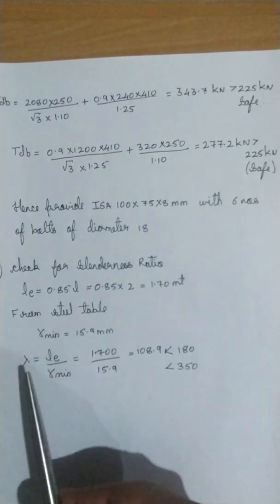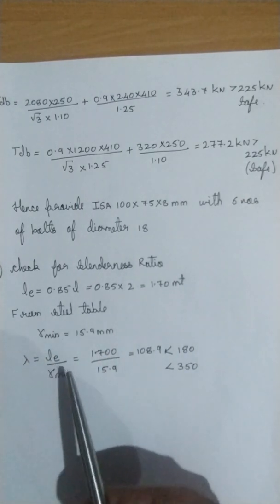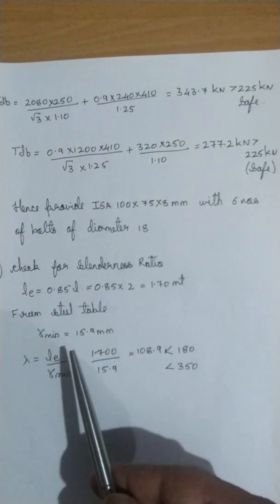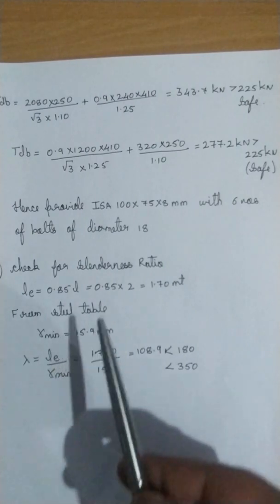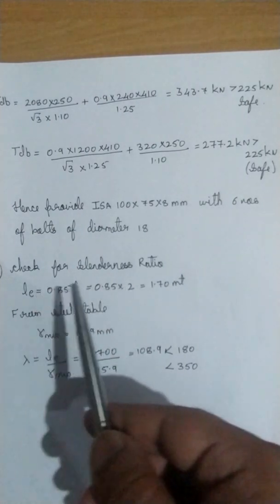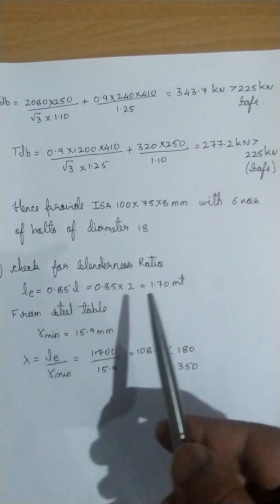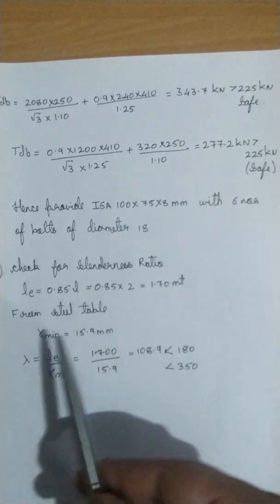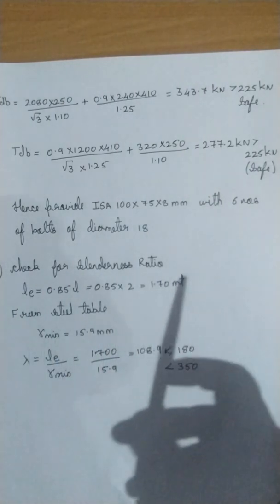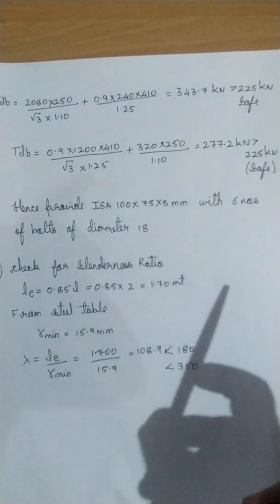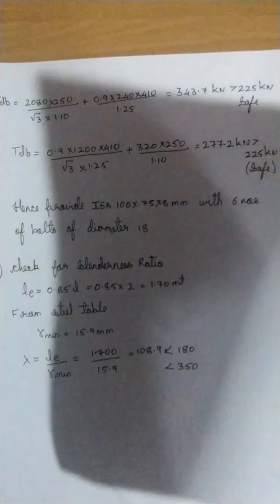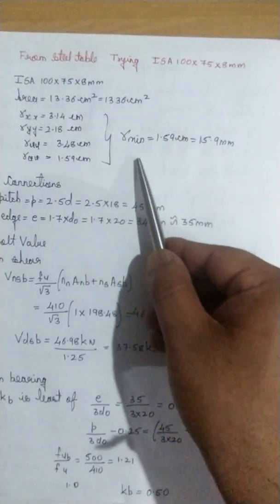The slenderness ratio is given by Le by r minimum, where Le is the effective length. The effective length in the question is given as 2 meters, the total length clear. So the effective length works out to be 1.7 meters. And from the steel table, where we have already noted down the properties, I would like to show, r minimum we have already found out, which is 15.9.